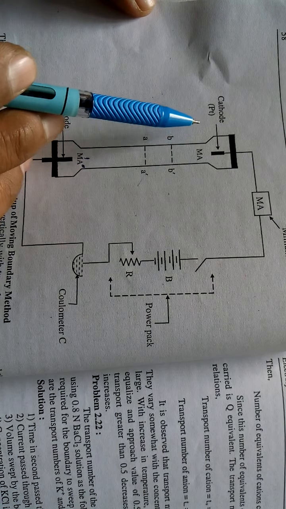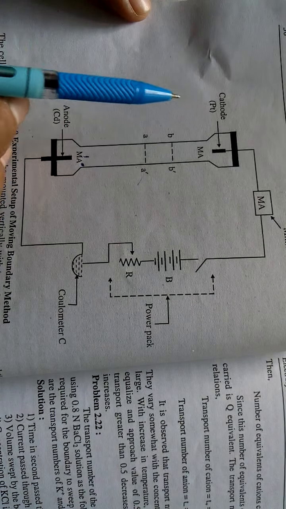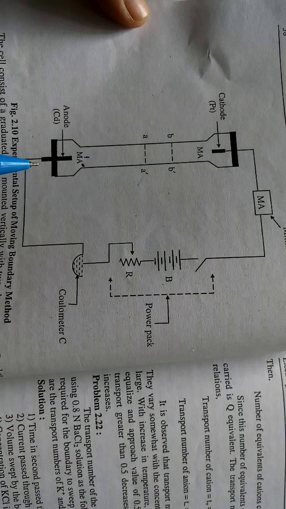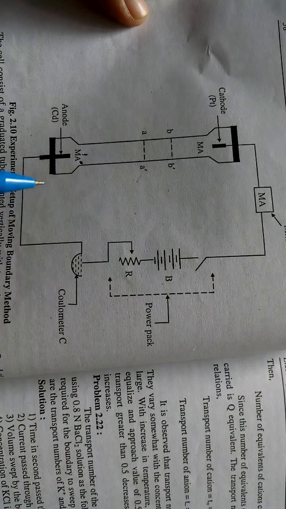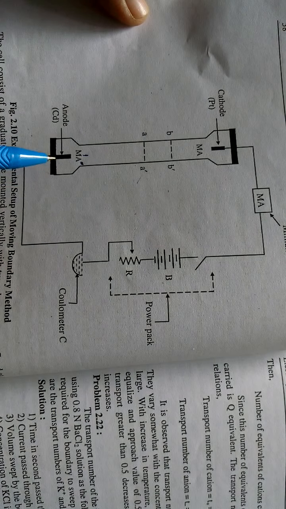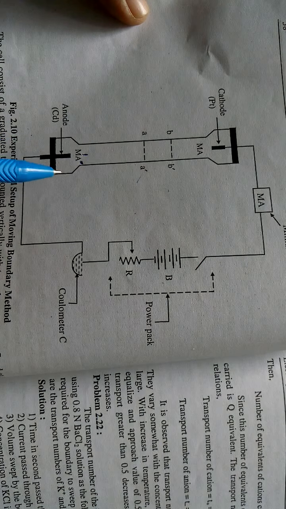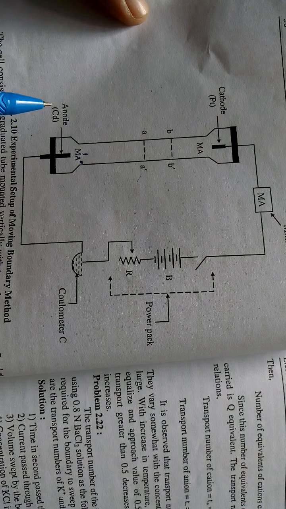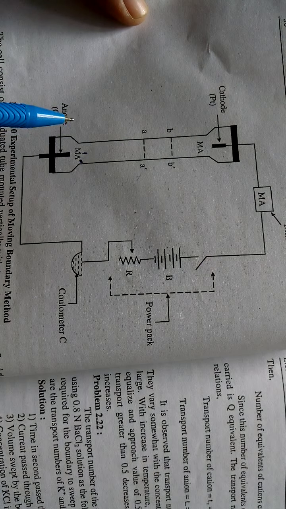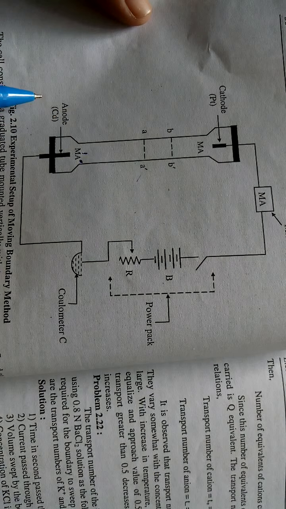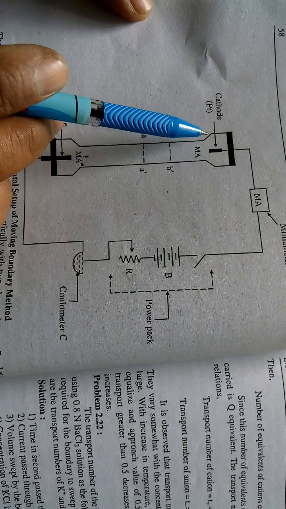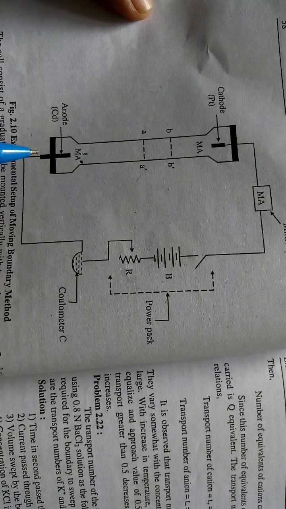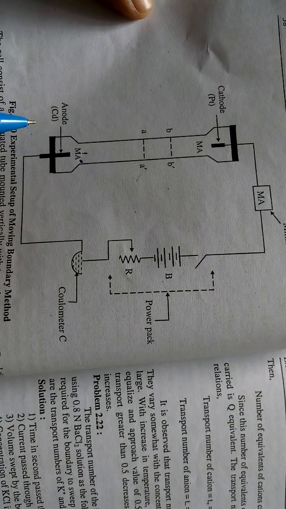At the bottom end of this tube, a cadmium metal is sealed, and that cadmium metal acts as the anode. So both ends of this tube have two different types of electrodes. The upper end made of platinum acts as a cathode, while the bottom end is made of cadmium and acts as the anode.